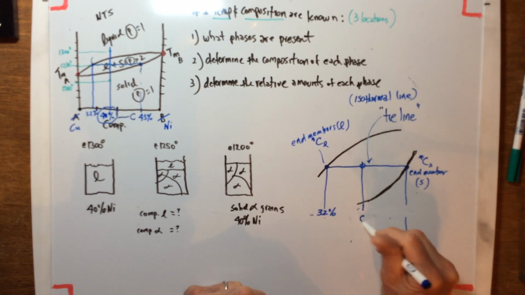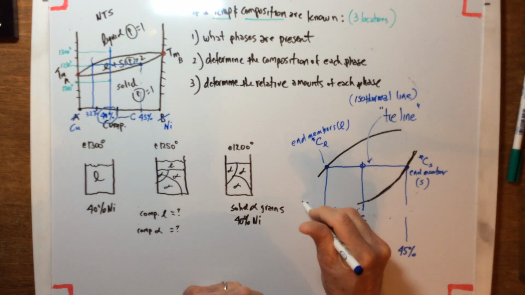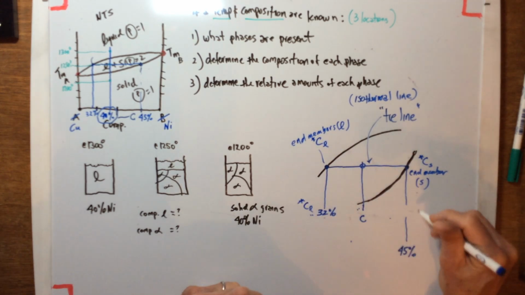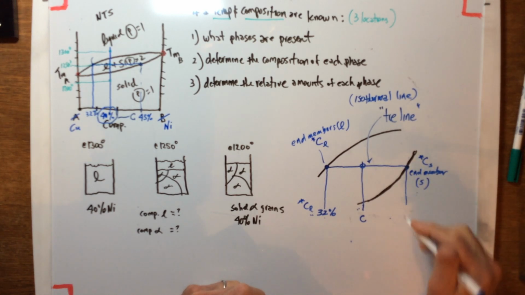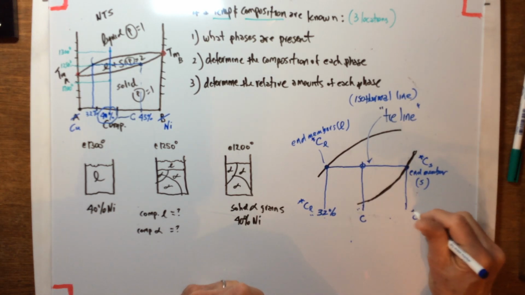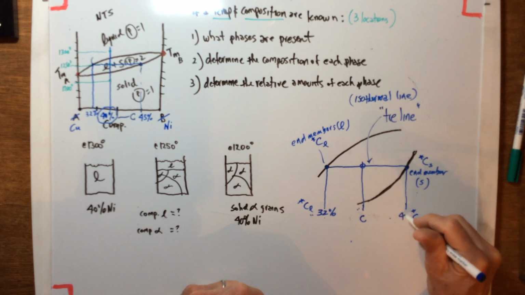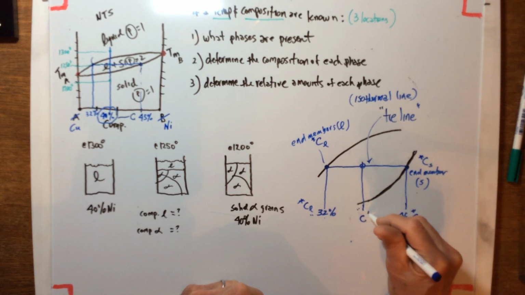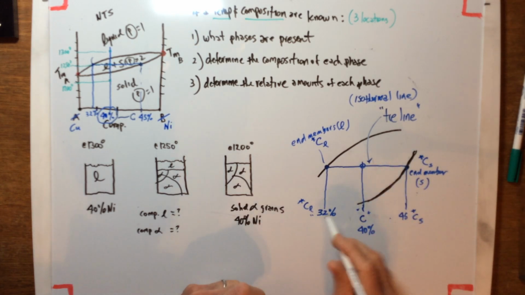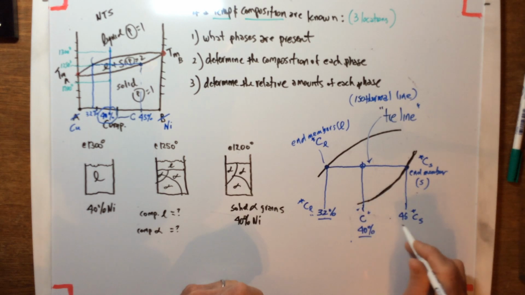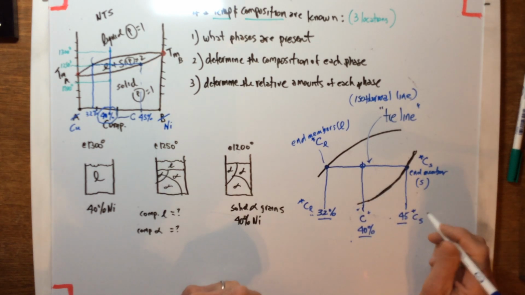So this is the original C. This is C star L. This is going to be C star S at 45%, and this is just the original C at 40%. So we've got a 32, a 40, and a 45% value.